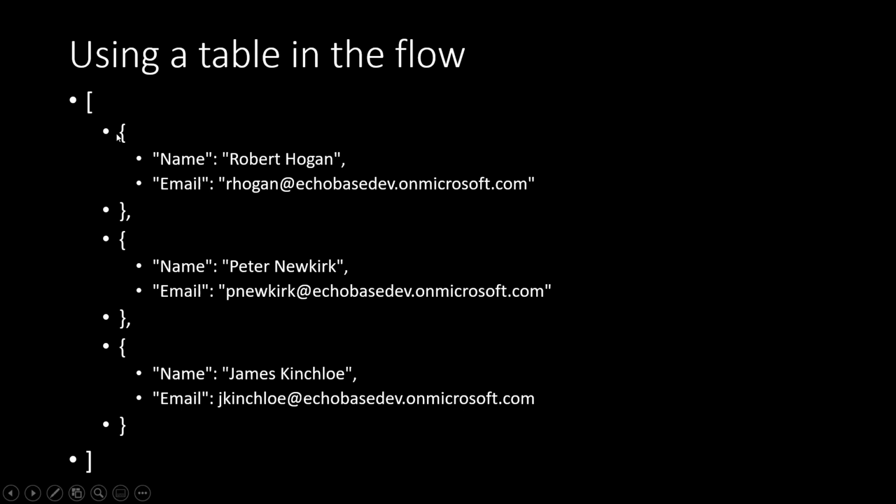But square bracket, curly brace, and then each object in the array. This is an array of objects where we have two properties, a property of name and a property of email. So essentially what we're going to do is filter this array to say, give me the record where the name matches what the person selected on the form.